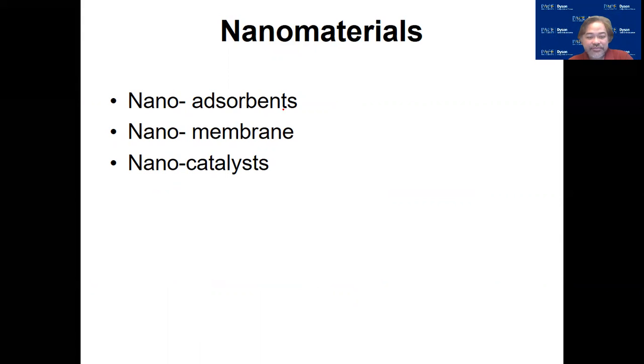So you can have nanoadsorbents, okay, by using atoms of the elements with high adsorption capacities. You normally use here the metal oxides, just like what we're going to share with you in this talk today. Okay, so you can also include here the activated carbon, the silica, the clay, and other composites.